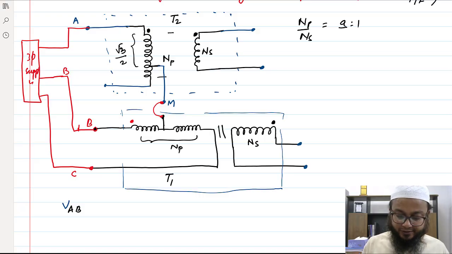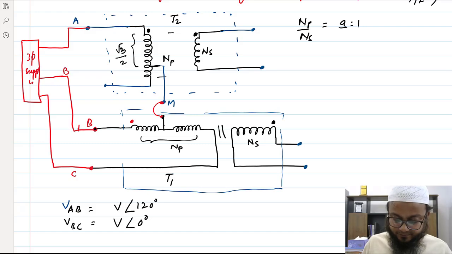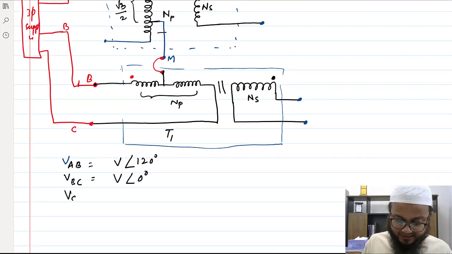Simply, I am saying this line voltage VAB is V at an angle of positive 120 degrees, VBC is V at an angle of 0, and VCA is V at an angle of minus 120 degrees.